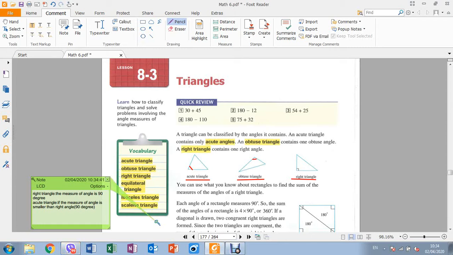So the third type of triangle is the obtuse triangle.